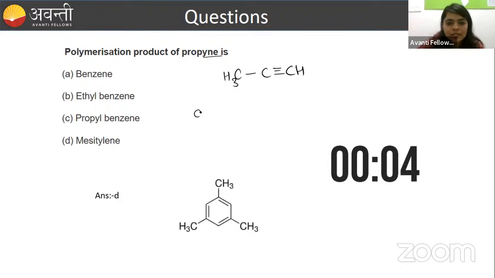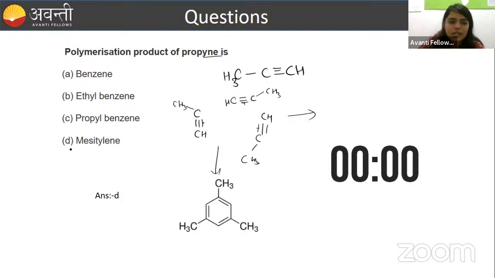You will get C triple bond CH, and your CH3 will be here, and CH, and your CH3 will be here. So we can polymerize. We can break this bond, and this bond, and we will end up with this product. Okay, so what is it called? It's called mesitylene. Okay, if alternate 3 CH3 on benzene are present, it is called mesitylene.